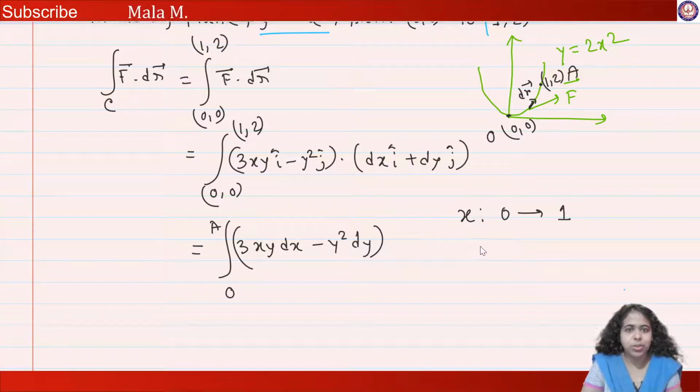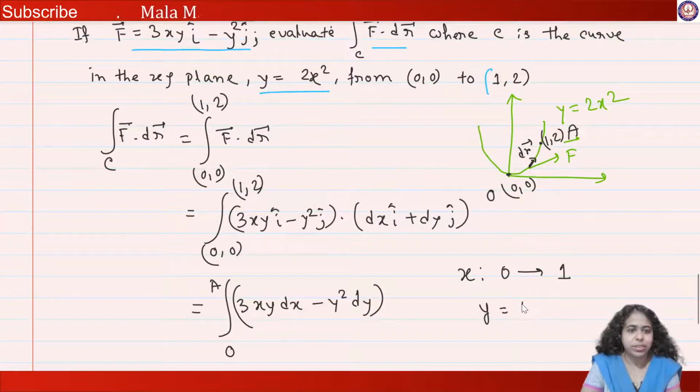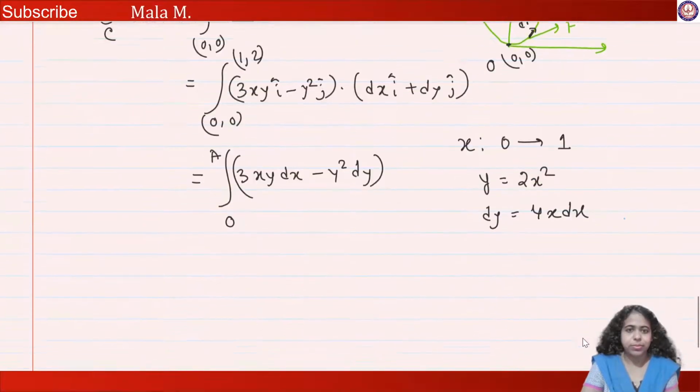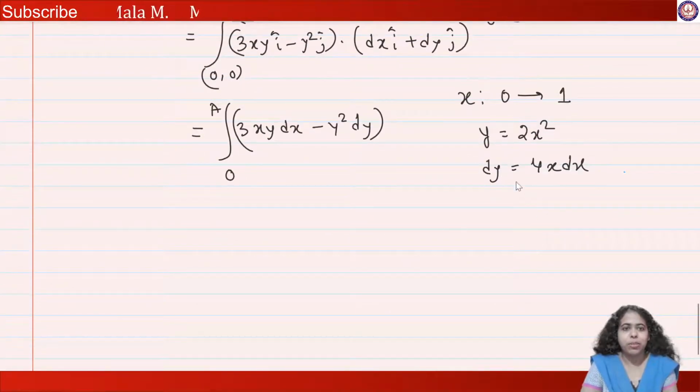Now since we know that y equals 2x square, dy will be 4x dx. So now we can put the value of x in the place of y and dy.